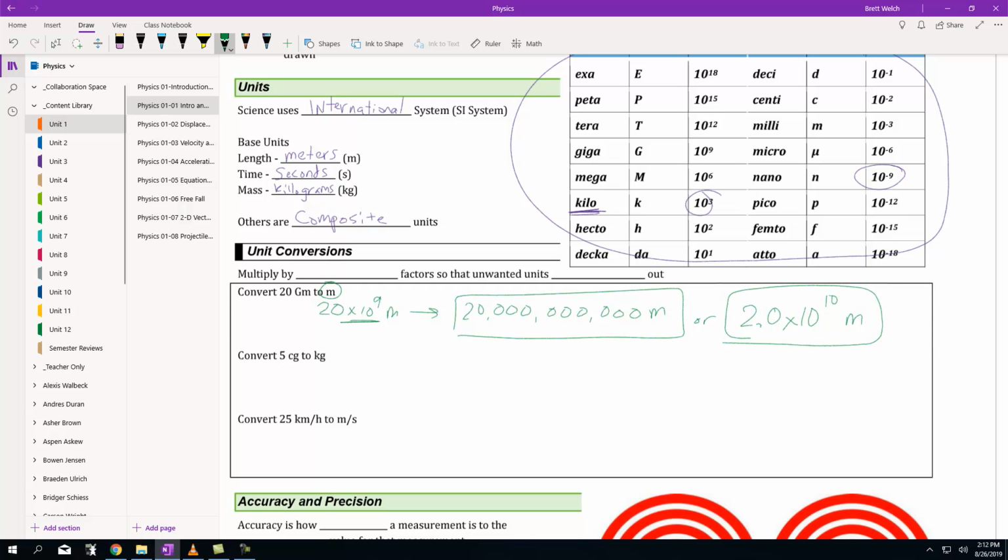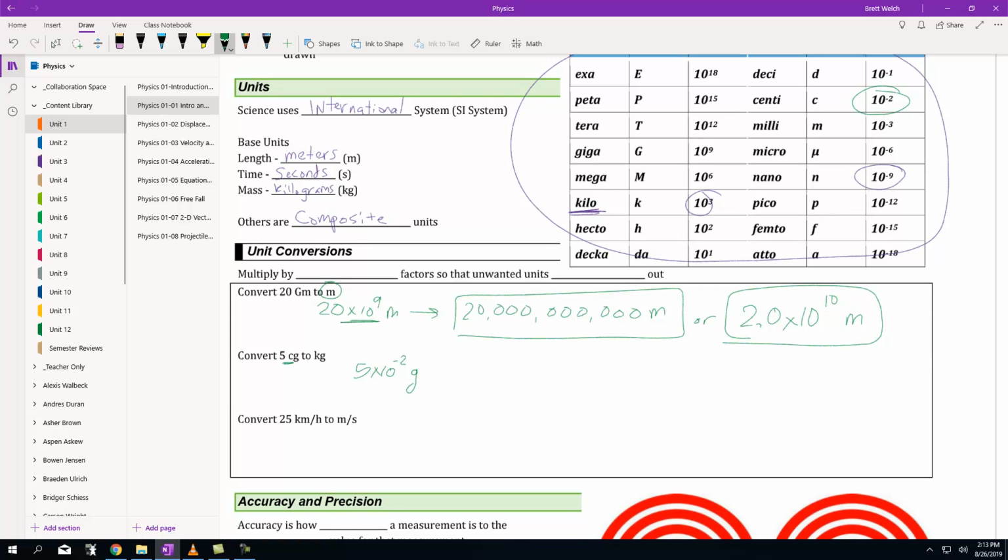And when we move centigrams to kilograms, we have to realize we can make this really simple. If we look at the centigram, it's 10 to the negative 2. So we have 5 times 10 to the negative 2, okay? And we want to turn that into kilograms. Okay, so this is in grams now, because that 10 to the negative 2 is the centi.